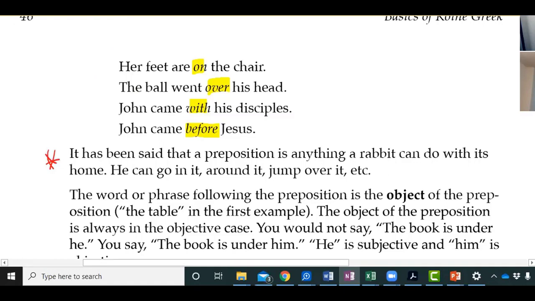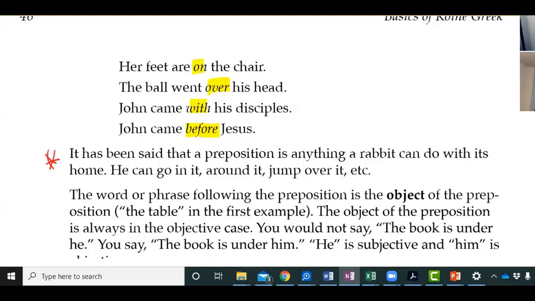It's been said that a preposition is anything that a rabbit can do with its home. He can go in it, around it, and jump over it. Yes, if we're talking about spatial prepositions, you can go in it, over it, around it, under it, through it, and whatever. But of course, there are all sorts of other semantic categories for prepositions as well. So the temporal ones are things that rabbits can't do with their home.